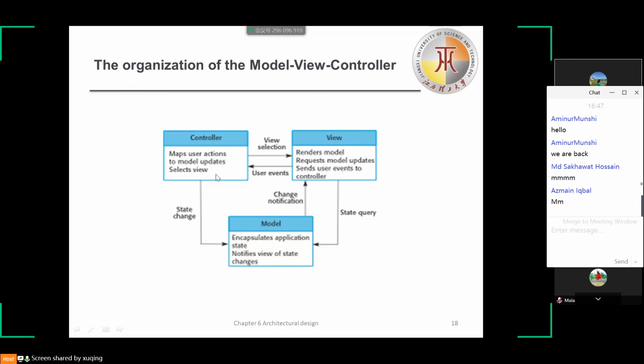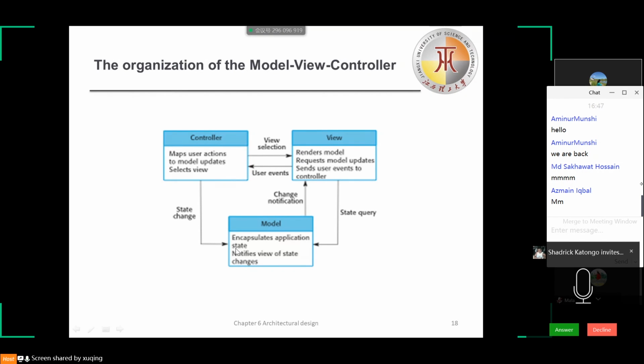We have different user interactions like key presses and mouse clicks, and it passes the interactions to the view and the model, as view selections and state changes.